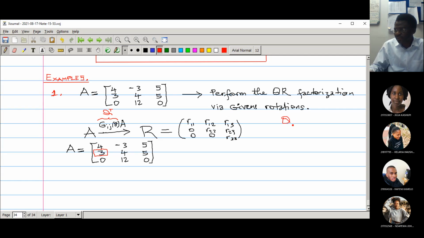That is, we have Q transpose A equal to R. This is equivalent to A equal to QR. So we'll be multiplying A by this Givens rotation.